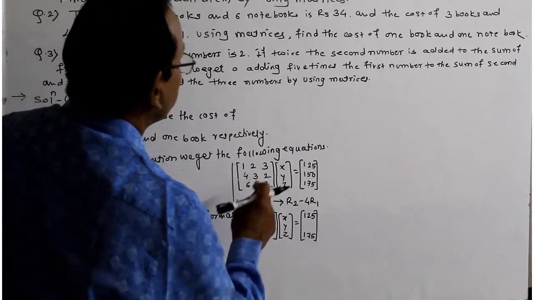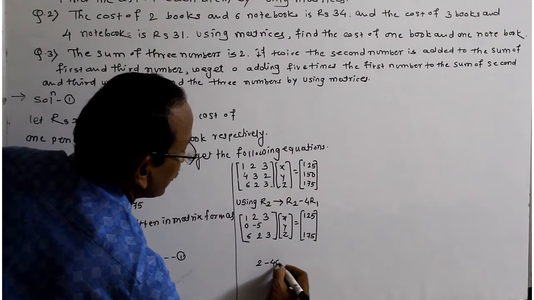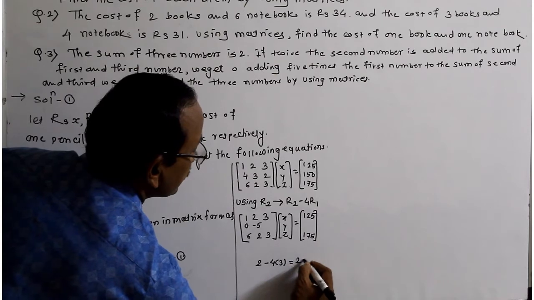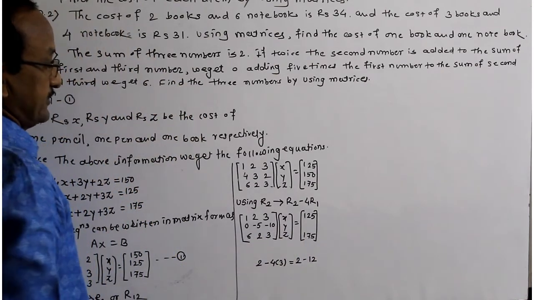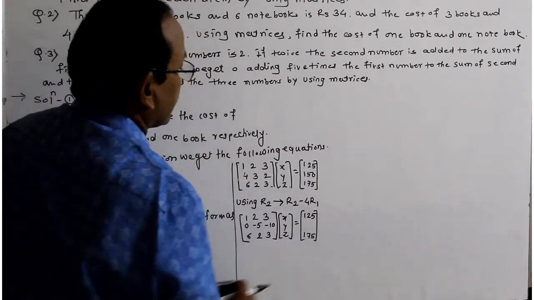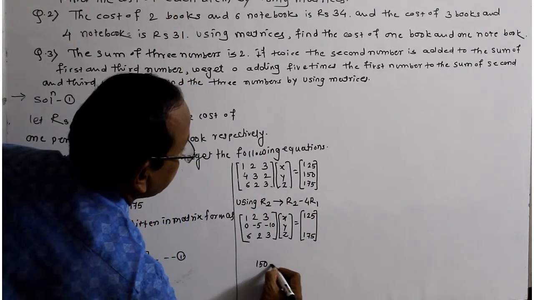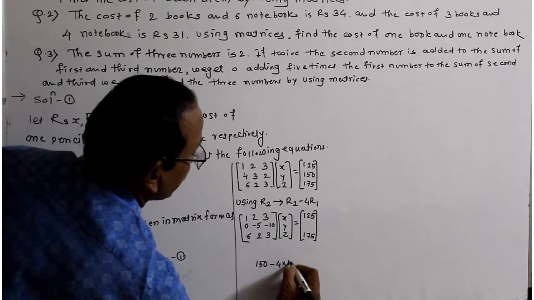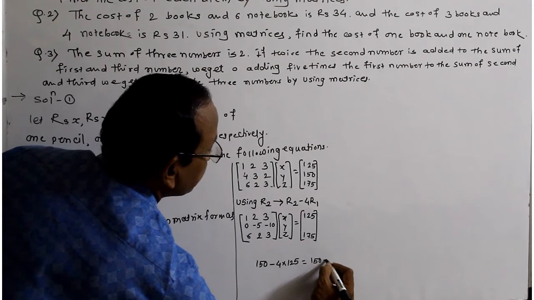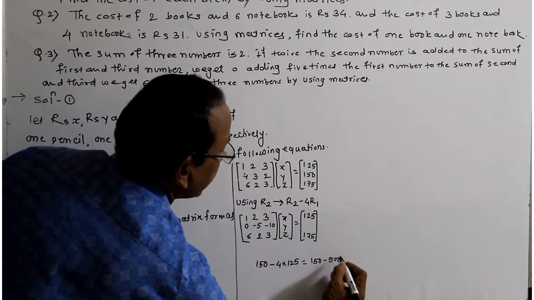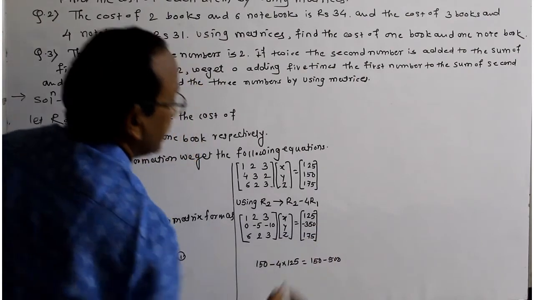Now 2 minus 4 into 3 is 2 minus 12, means minus 10. Then 150 minus 4 into 125 is 150 minus 500, which is minus 350.